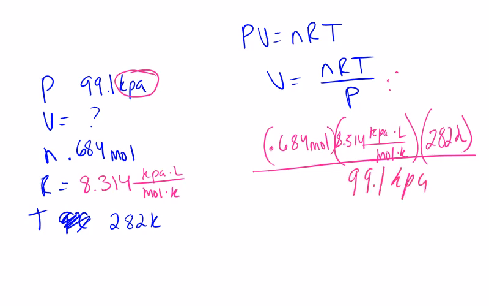Let's see if all of our units cancel, see what we're left with. We got moles and moles, Kelvin and Kelvin, kPa and kPa. We're left with liters, which is a measurement of volume. That's what we were looking for. So when you type this in your calculator, it looks like we have 3 sig figs, so that's going to be 16.2 liters.